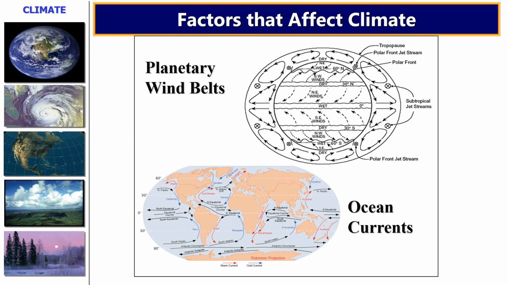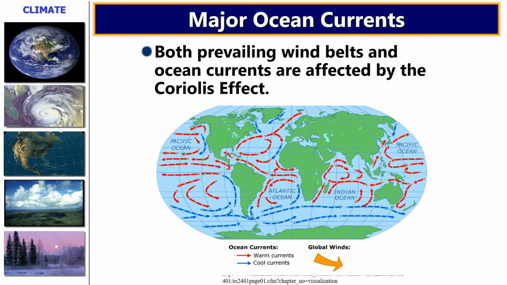So here's a quick thing showing our planetary wind belts from page 14 and a similar diagram to our ocean currents on page 4. And again, they are all influenced by each other. And they're also influenced by the Coriolis effect. So the fact that the Earth is spinning causes these wind belts to also spin.